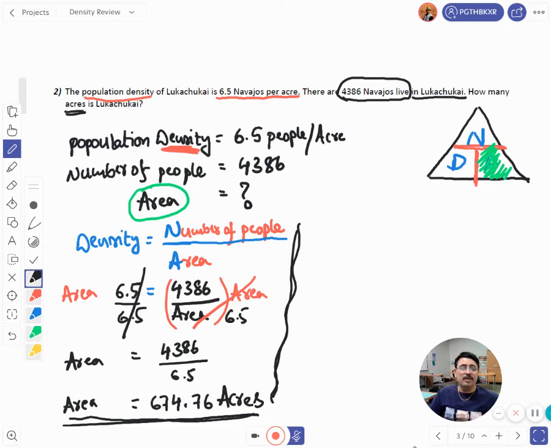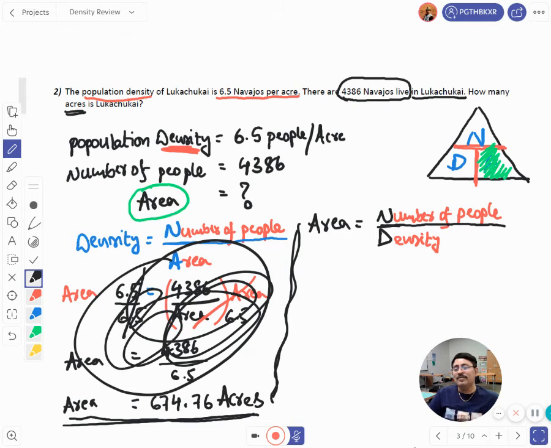Therefore, area equals n over d, which means number of people over density.